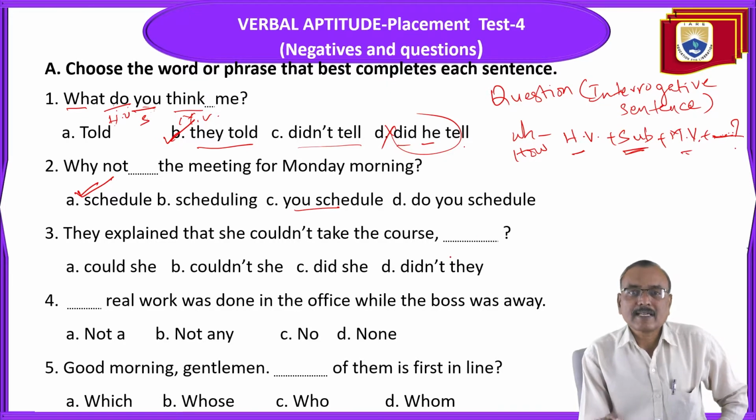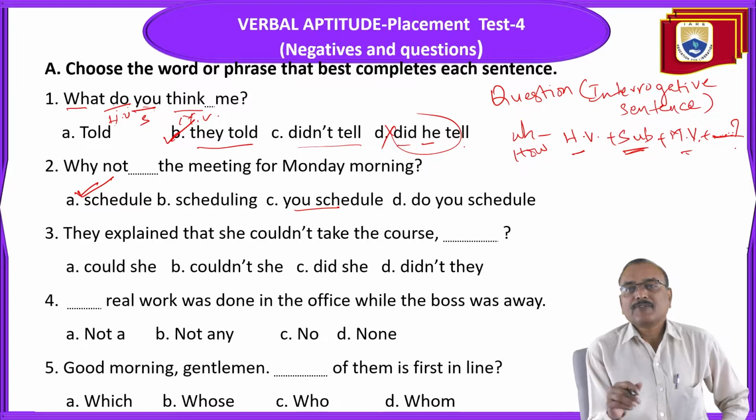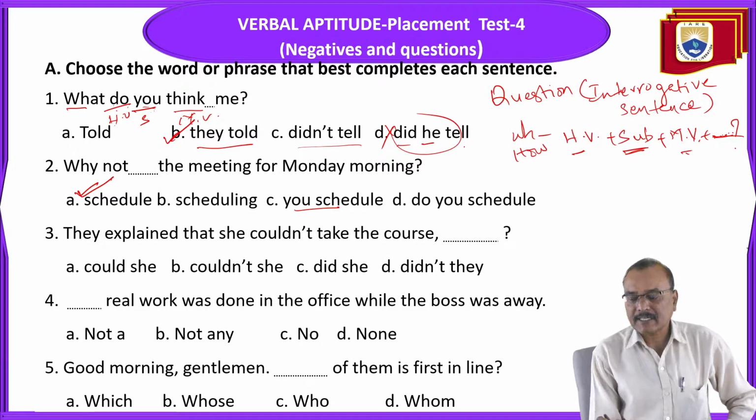What is the question tag actually? After giving a statement, to confirm whether the statement is true or false, we frame a question tag. What is the structure of a question tag?